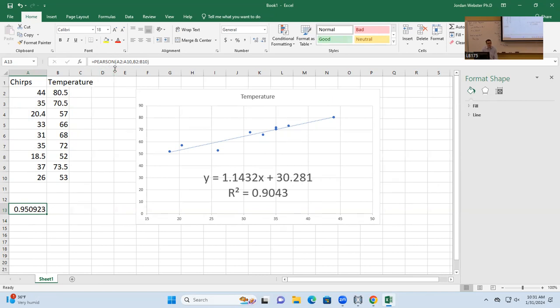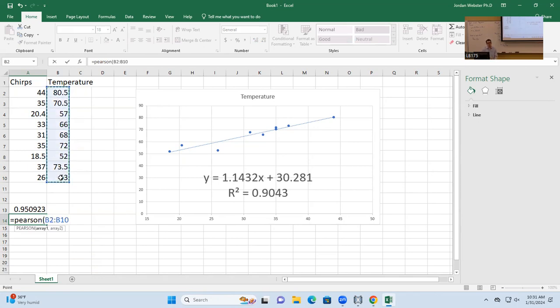So you can get it by asking Excel for the Pearson correlation coefficient explicitly. And that's just Pearson. You highlight your X's, you highlight your Y's. And just so you know, it actually doesn't matter which one you highlight first.